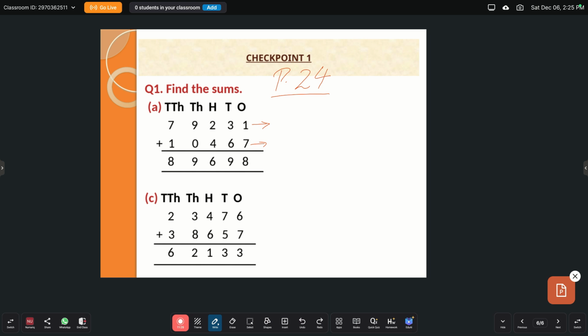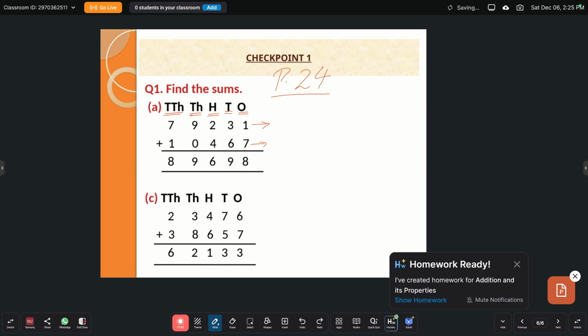We know that we start addition from one's column. We always start addition from one's column. If you look at this, you'll find that there is ones place, tens place, hundreds place, thousands place and 10,000 place.